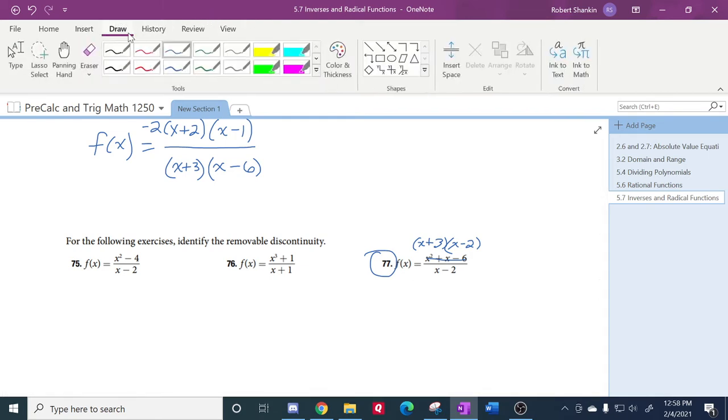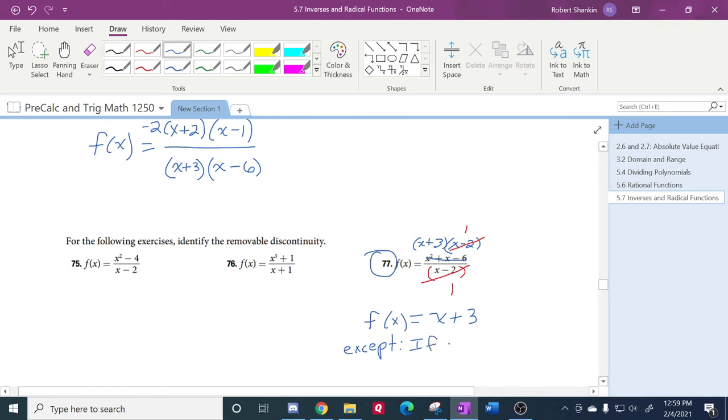Further, notice this. This and this is identical. f of x reduces down to x plus 3, except if x is equal to 2, f is undefined.